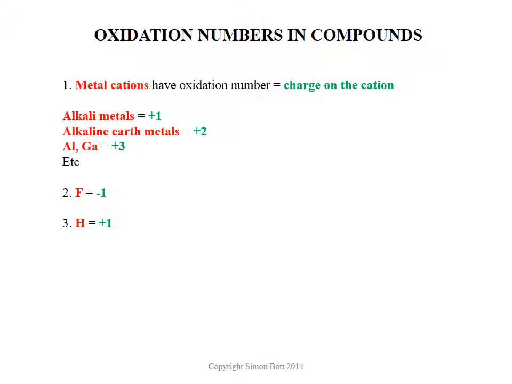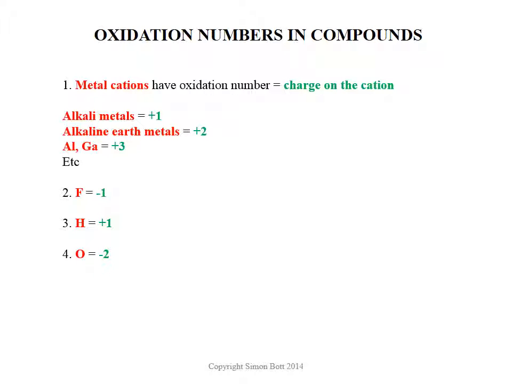Hydrogen can be -1 to be a hydride. It makes hydrides with certain metals. So if you have sodium hydride, well, you've got sodium there, got to be sodium +1, so therefore the hydrogen has to be -1 for the NaH to have a 0 overall charge. Failing that though, if you get to this stage and you've got hydrogens, you know that the oxidation number of hydrogen will be +1.